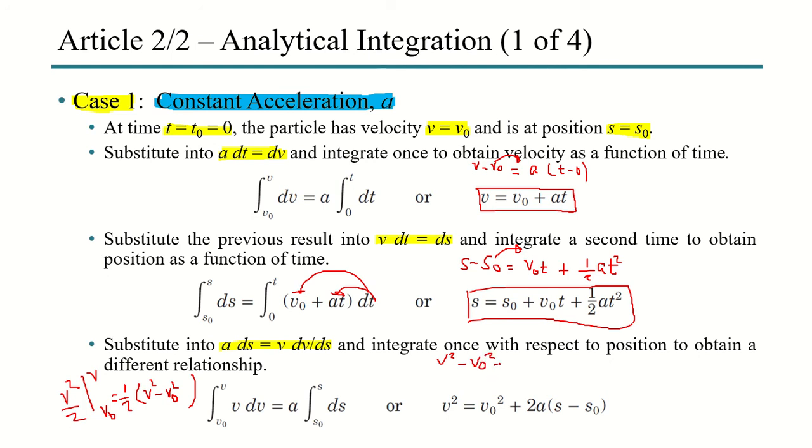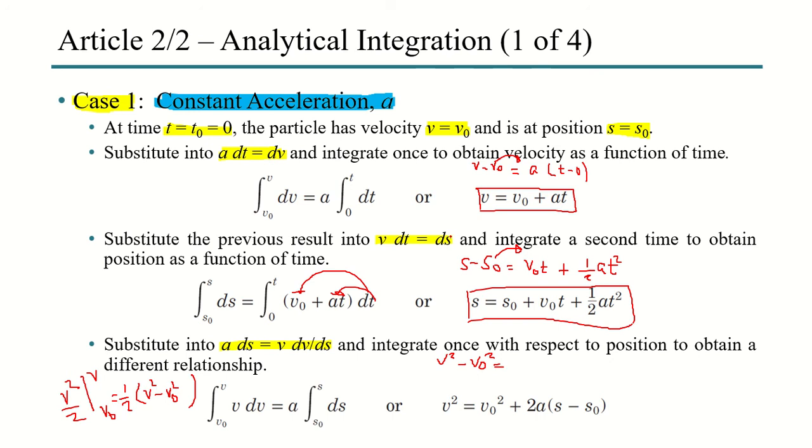equal to, using this one, and the value for s. When you substitute, we have s here. Then when you manipulate, you have 2as because you multiply this by 2.